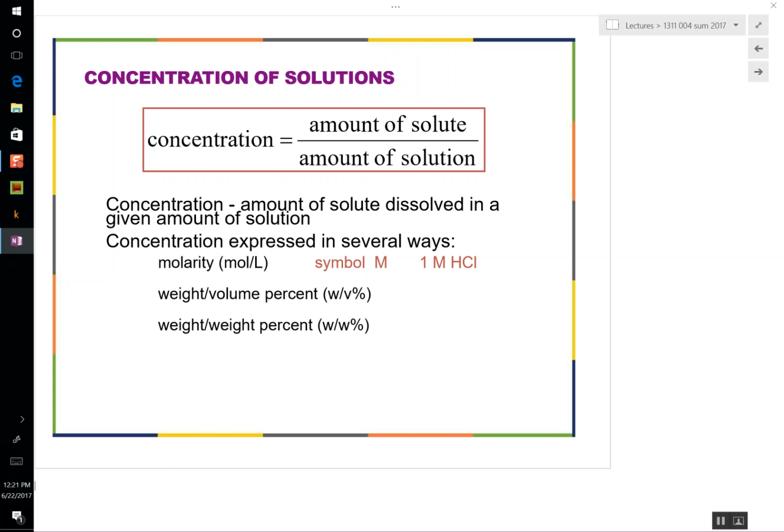Okay, molarity. Molarity is a really important one. Moles per liter. There are other ways of doing concentrations, but molarity is the important one for chemists.